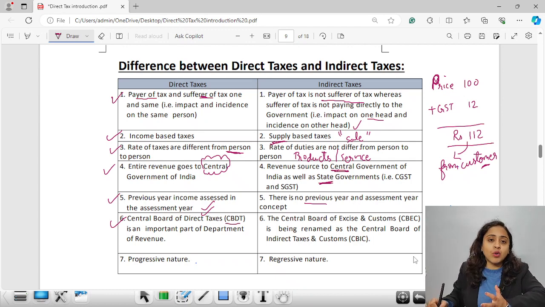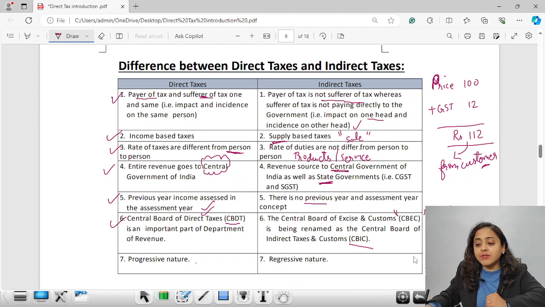This is the board which regulates any changes and amendments brought in. Whereas for indirect tax, it is CBIC, the Central Board of Indirect Taxes and Customs. Okay, earlier it was known as CBEC, the Central Board of Excise and Customs. Now it is known as CBIC.